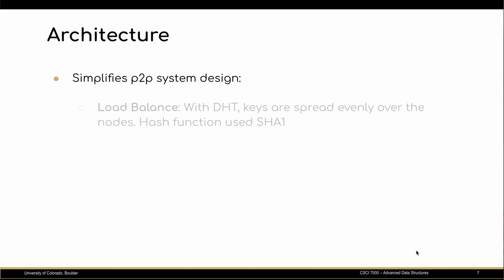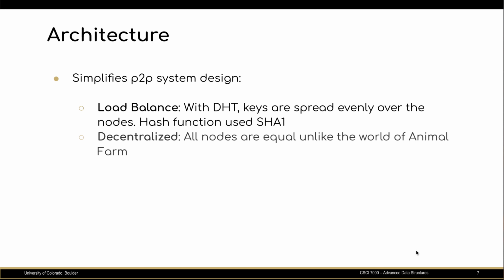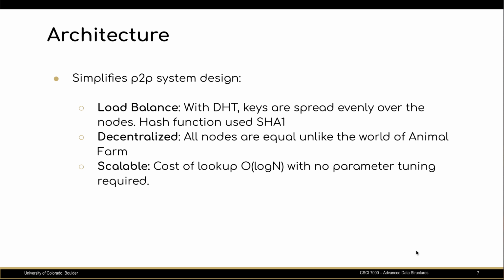So the architecture of Chord is pretty simple. It simplifies some of the key ideas of a P2P system. It has load balancing with the SHA-1 hash function, where the hash table spreads the keys evenly over the nodes. It's scalable because there's no parameter tuning required.